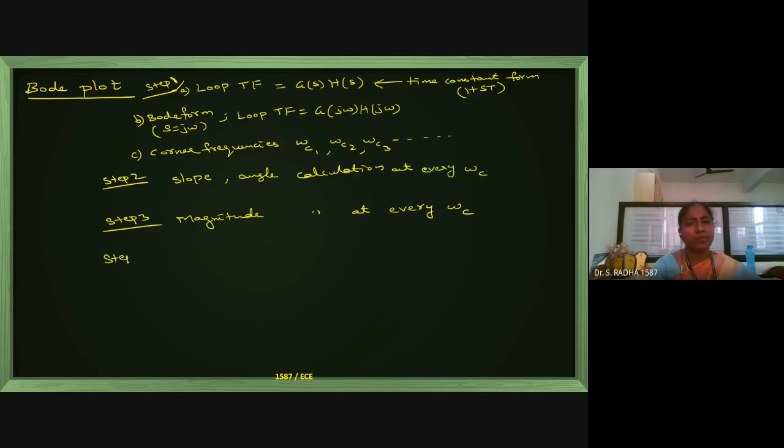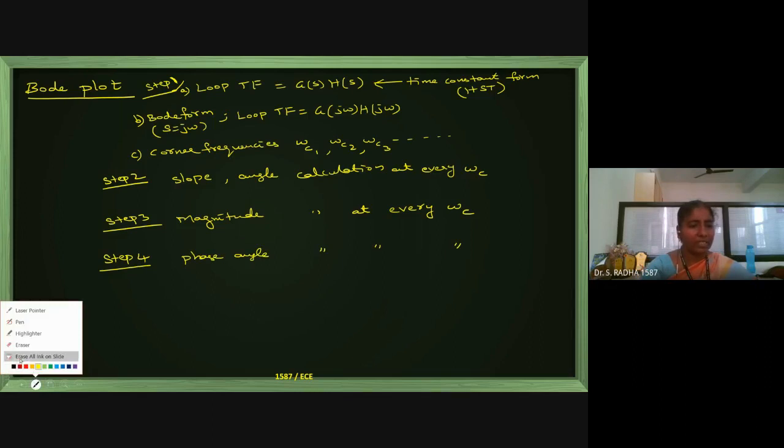Next, step number 4, we have to calculate the phase angle at every corner frequency omega c. In step number 2, it is slope and change in slope at every corner frequency.